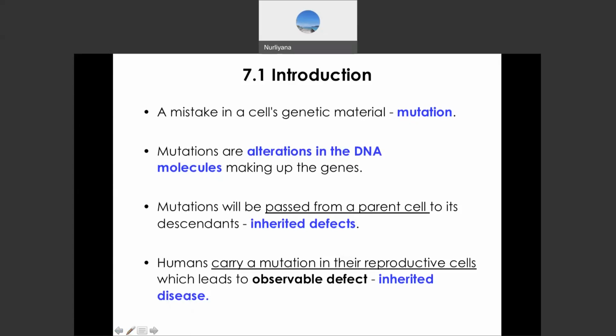While it can also occur through a mutation in the reproductive cells, usually the effect is observable and can also be inherited. If they are affecting our reproductive cells, we call it an inherited disease, that is passed from your parents, called inherited defects.